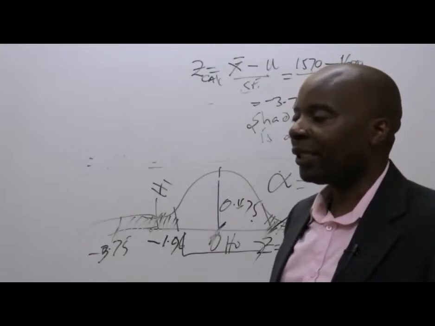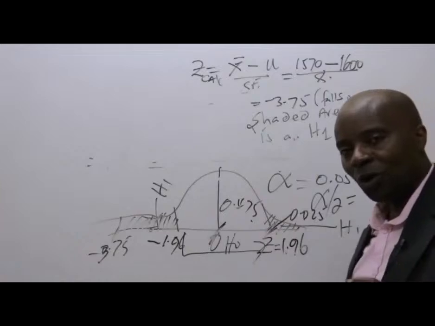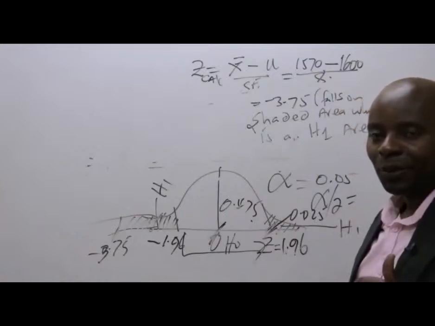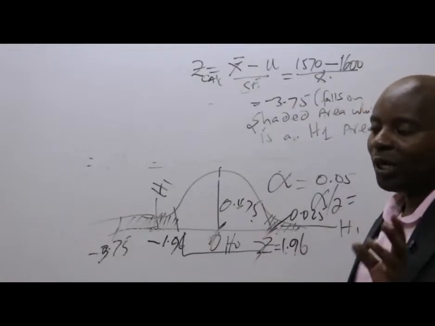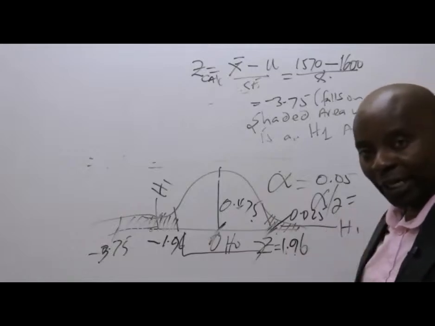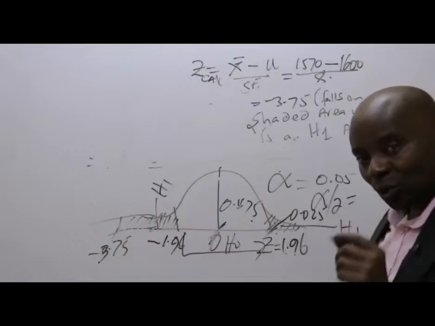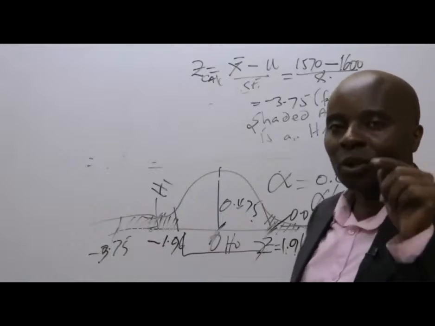So, ladies and gentlemen, the moment I've hit there, I'm telling the examiner that therefore we can only accept H1, because we have fallen on the H1 area. Meaning that the null hypothesis is not true.